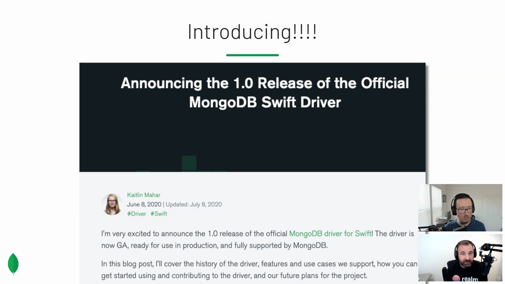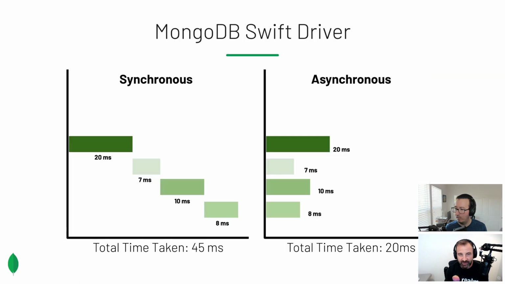So this brings us to the Swift driver, and this is a screenshot of the announcement that we saw in June. Caitlin Mahar announced the first release of the MongoDB driver for Swift. Amazing release. It's an awesome piece of software, and that's what we're going to focus on today.